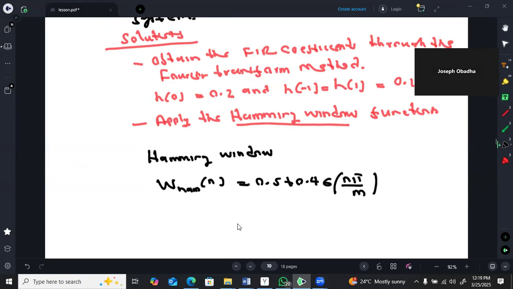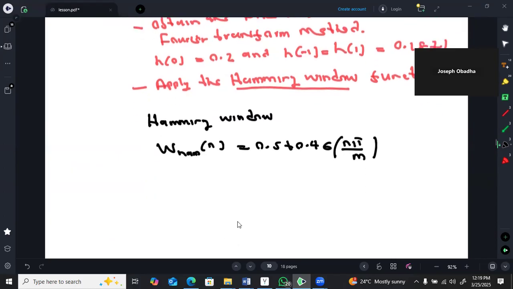Remember, because we are still moving on with the previous example, we had 2m plus 1 equal to 3. So that m is equal to 1.